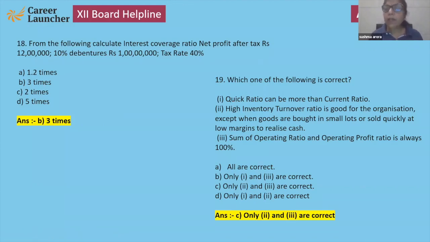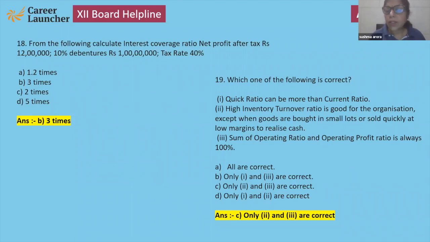Why? Because quick assets are always less than current assets. In current assets we include inventory and prepaid expenses, but in liquid assets we can't. So C is the perfect answer. Only second and third are correct. First is not.